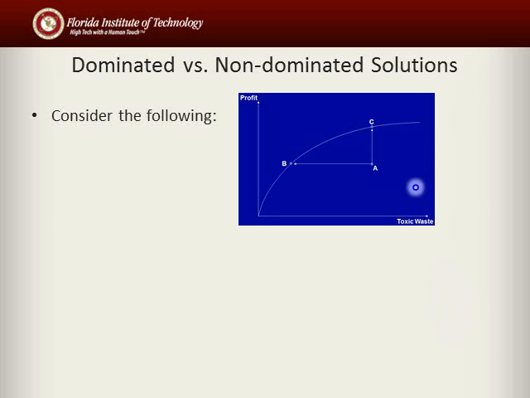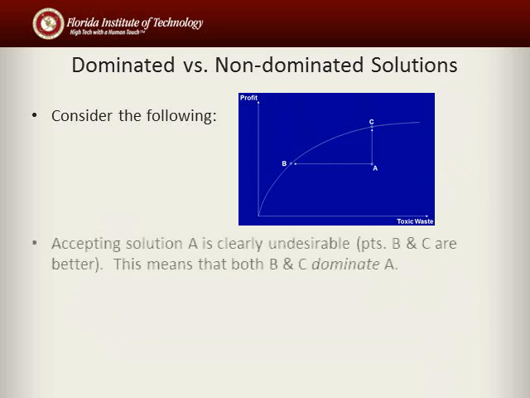Let's say, for example, that you have a solution A. Solution A in this case is clearly undesirable because B and C clearly provide better solutions. What I mean is, for example, solution A will give you this amount of toxic waste and will produce this amount of profit.